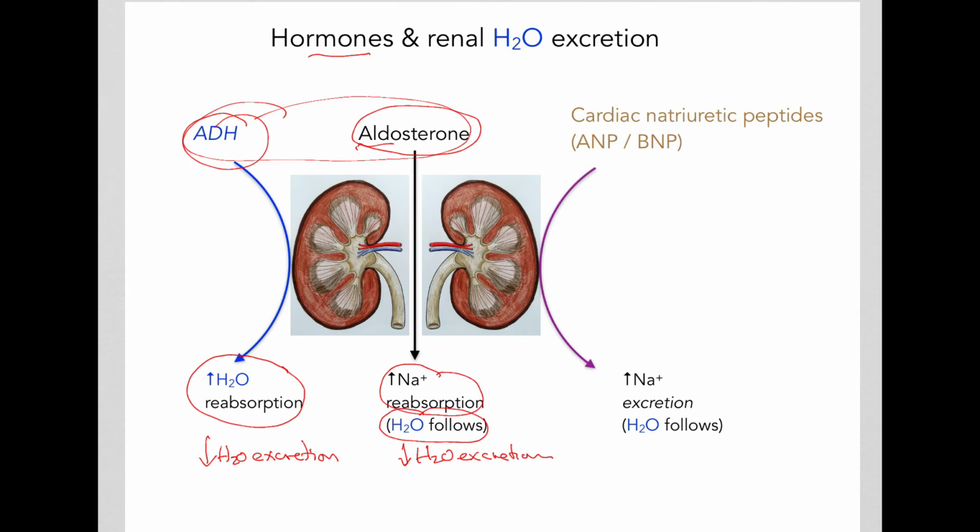And then we have one more class of hormones called cardiac natriuretic peptides. There are two important ones, ANP and BNP. These two are the opposite. They increase sodium excretion, which means they increase water excretion.